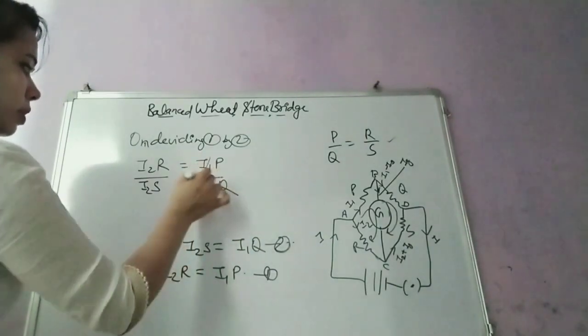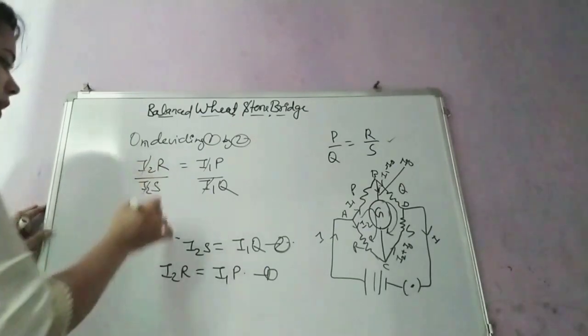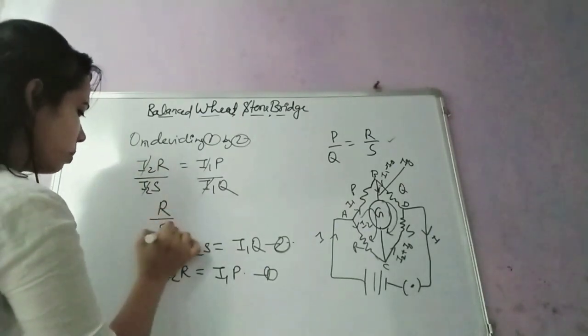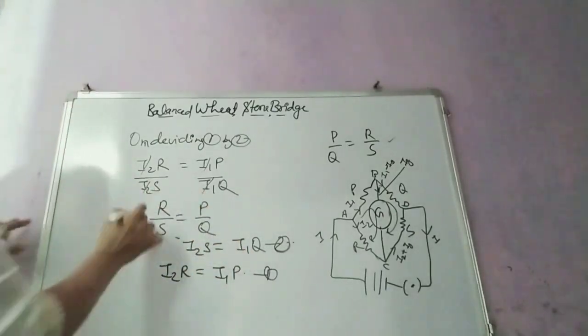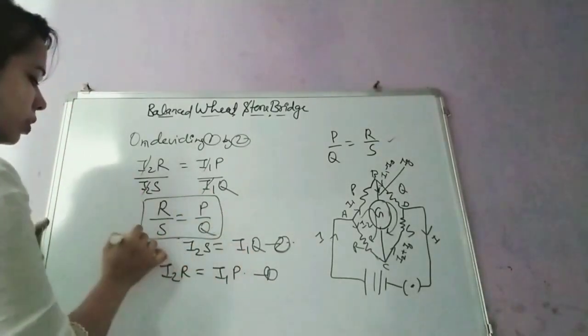So I1 is cancelled, I2 is cancelled, and what you got? You got R by S equals P by Q, or P by Q equals R by S, which is the balanced Wheatstone condition.